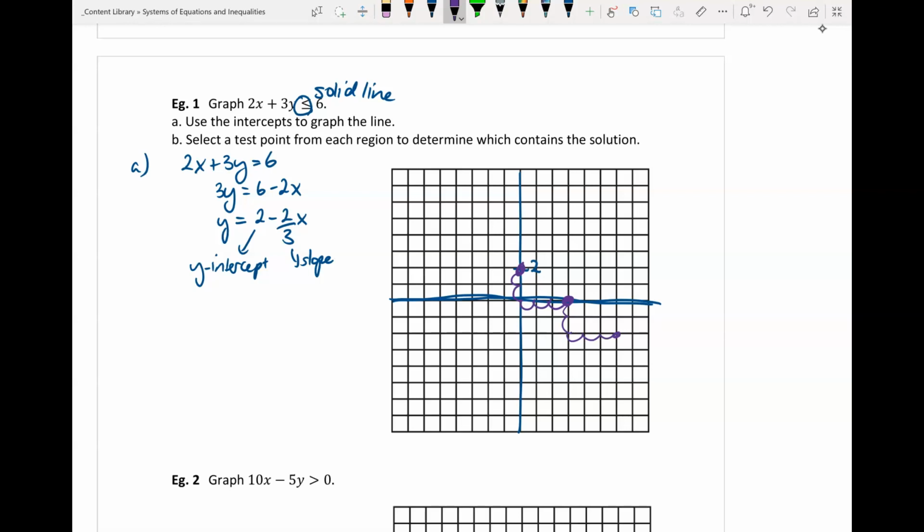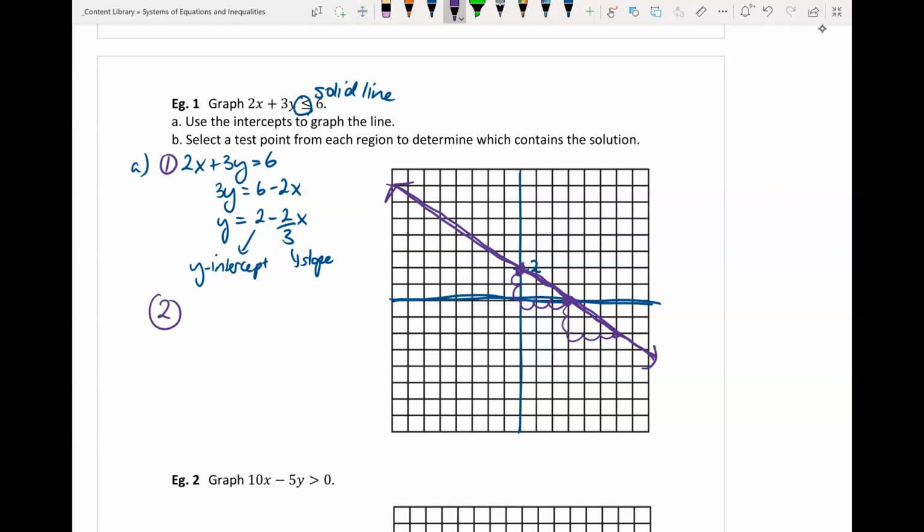And then we can use a ruler and connect our dots, and we can create a solid line because our inequality is smaller or equal to. Looks something like this. It's not perfect right now. Okay, that's good enough. So that was the first step.